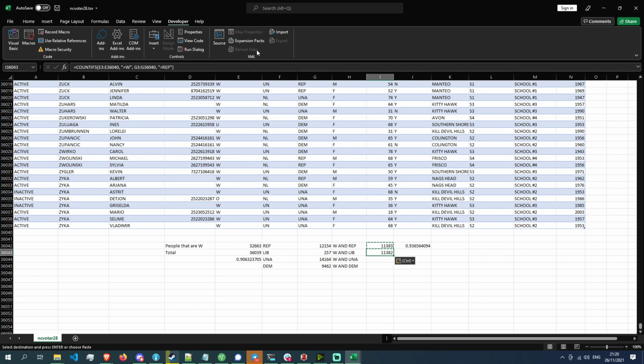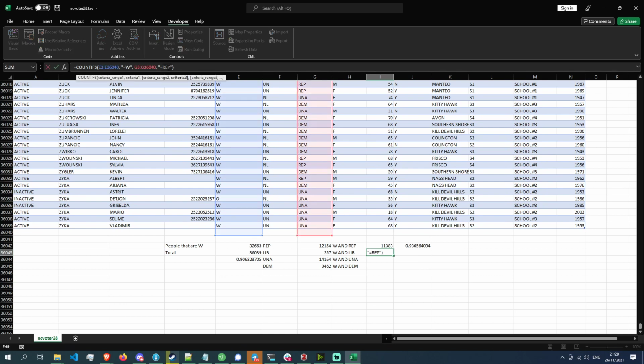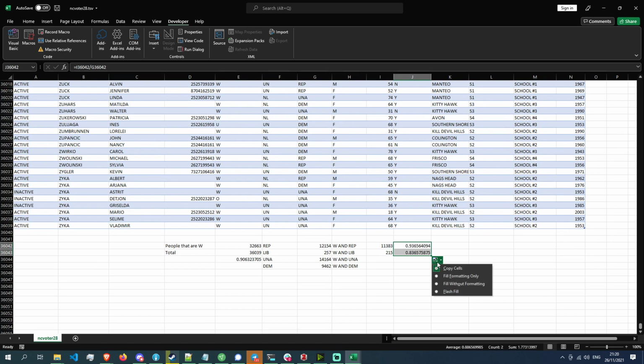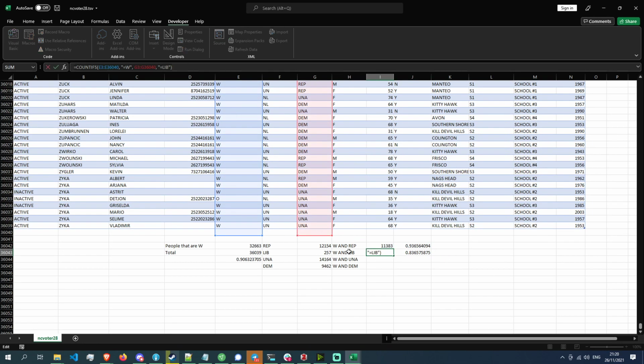Okay, yep. Let's continue on that line of thought. Okay, so you have 215 out of the 257 Libertarians that are white. That's the same thing as earlier. That is 83%.